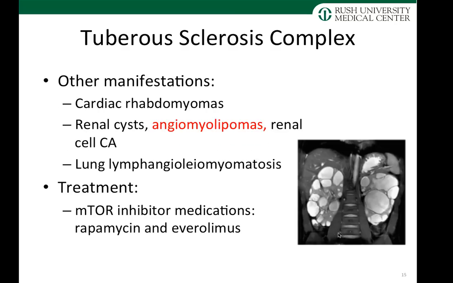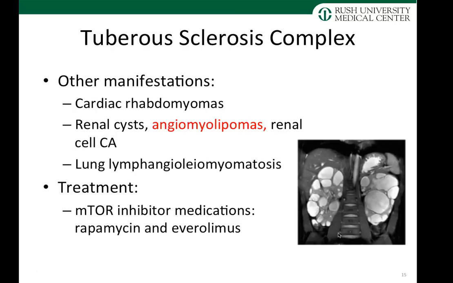Other manifestations of this disease: cardiac rhabdomyomas are common, and renal cysts and angiomyolipomas of the kidneys can be seen as well. Some of these lesions will progress into renal cell cancer.